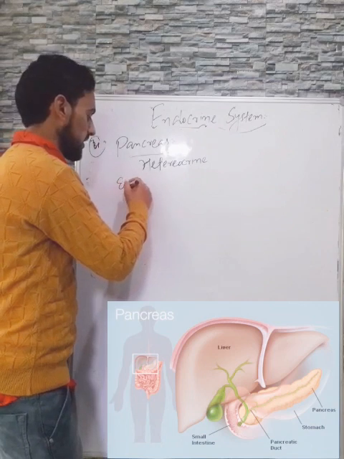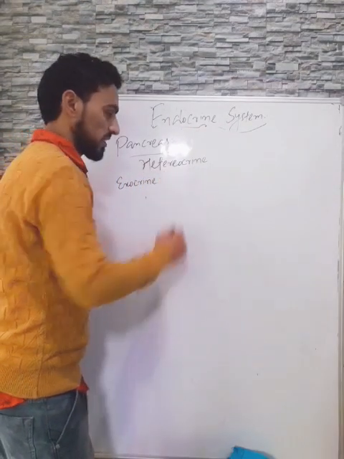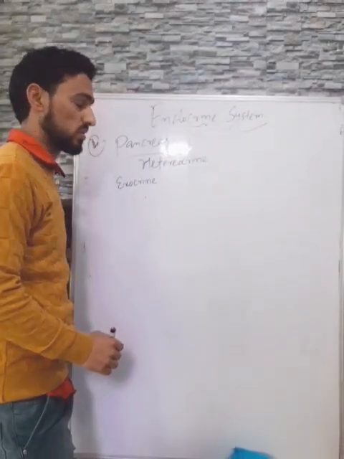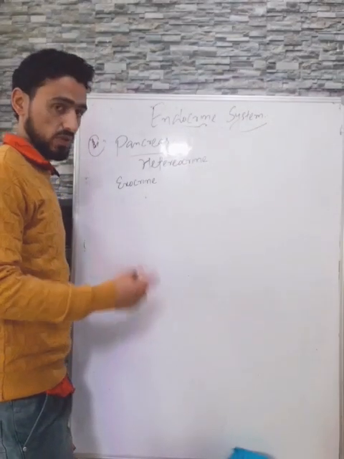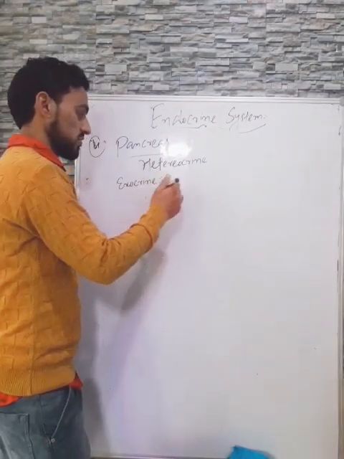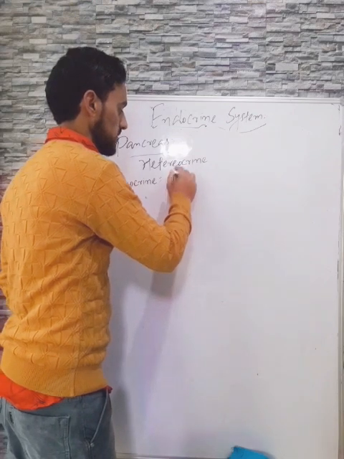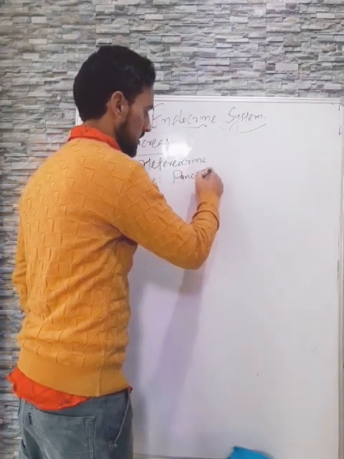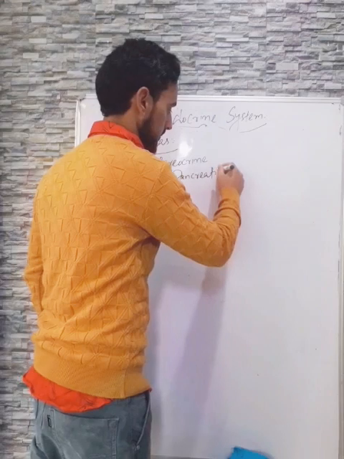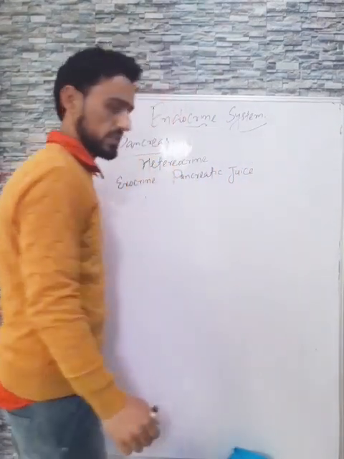And exocrine glands हमने किनको बोला था? वो glands जिनके पास पाइप होती है, डक्ट होता है, for forming the secretion on the target organs. Those are known as exocrine glands. The exocrine part secretes the pancreatic juice, which helps in the process of digestion.